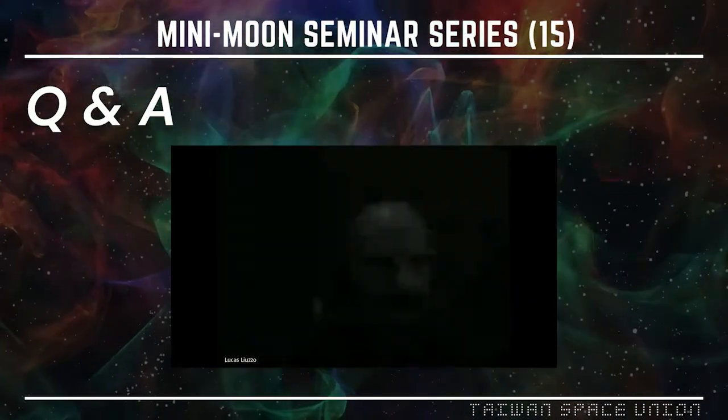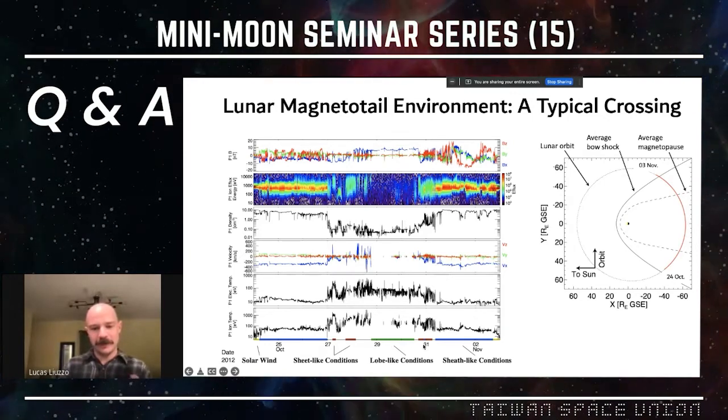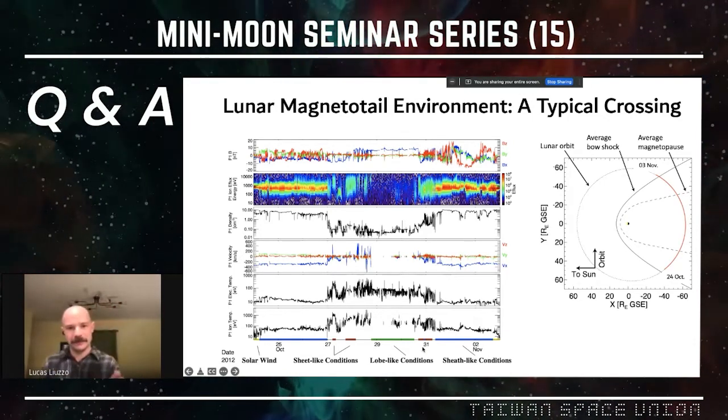And even on a single individual flyby, the problem when I share my screen is I lose everyone else, but I can pull this back up again. If we look at this data from a single encounter, these colored things at the bottom are what has been pulled out and characterized by that data set.